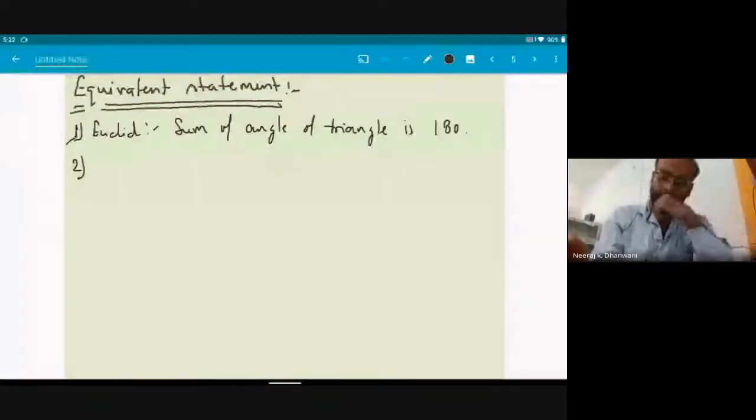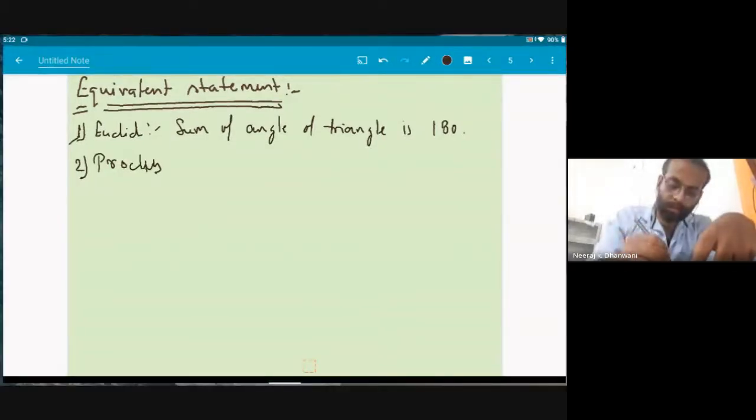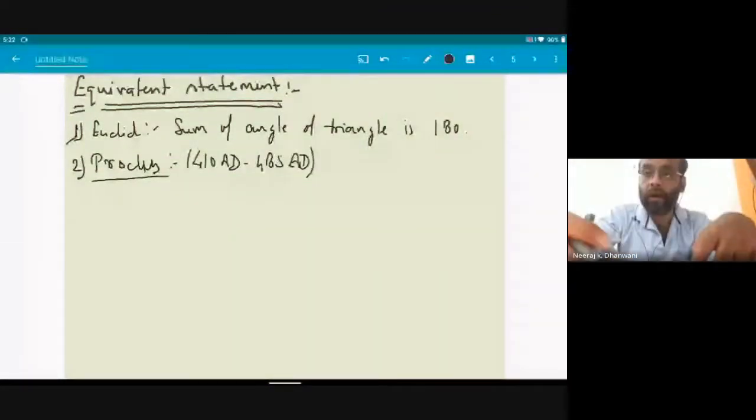So the second statement was given by Proclus, somewhere between 410 AD and 485 AD. So it took us 700 years for people to work out what could be done with this.